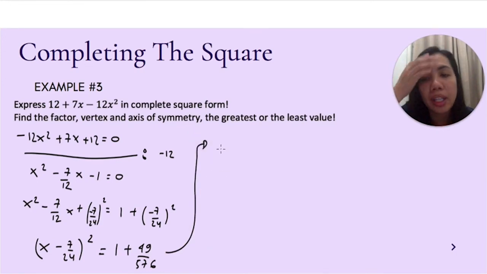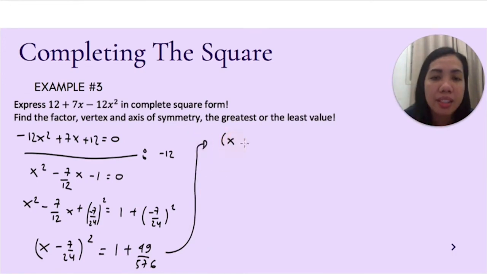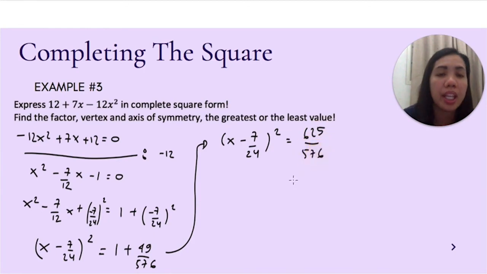Okay, now let's continue in here. Now in here we have x minus 7 over 24 squared. Then we simplify this, 625 over 576. Okay, now the next thing, we want to try to find the factors. The factors, we just want to take x here. x equals what?